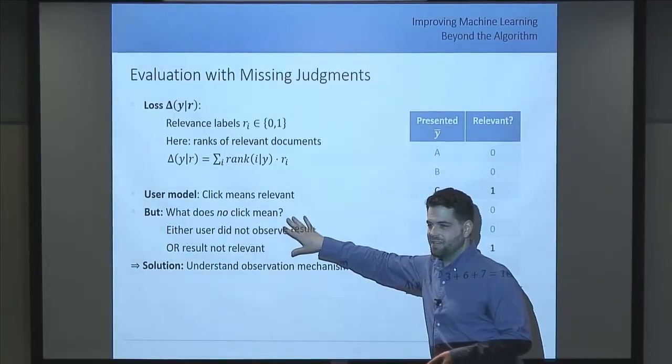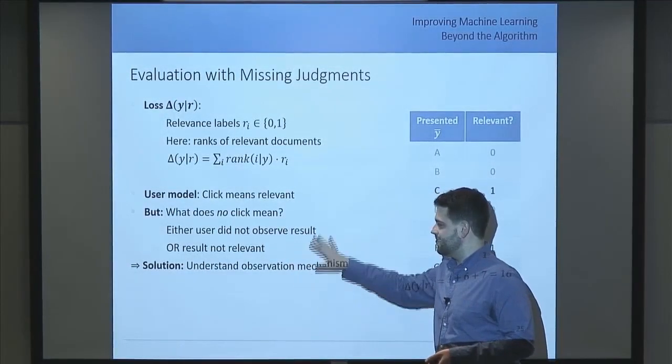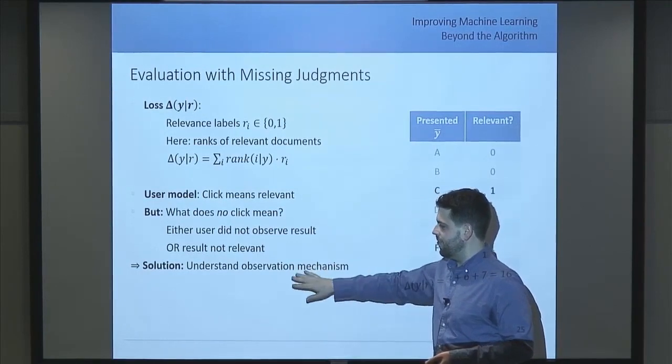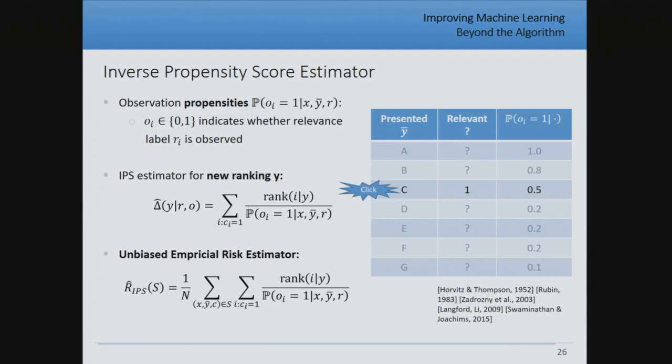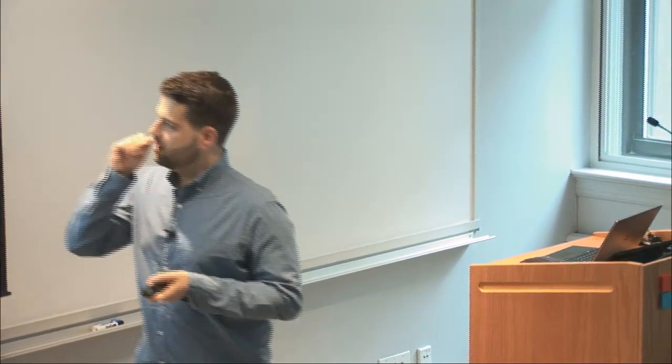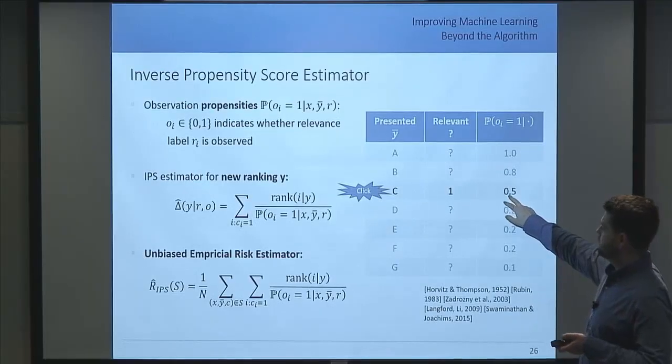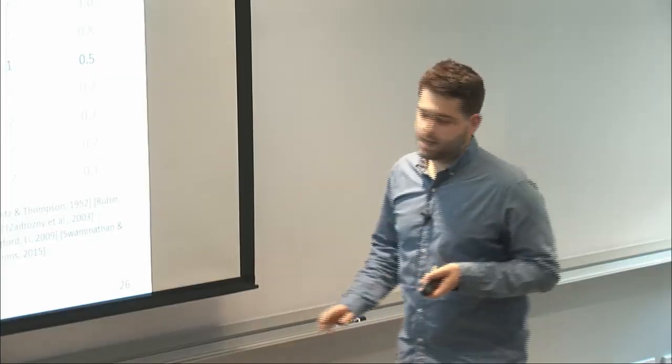It turns out that we don't need to think about this so much because it's all solved by, again, knowing the assignment and observation mechanism. And again, we need to estimate propensities that indicate how likely it is for a relevance label to be observed. So here, we would say that the probability of observing this relevance label is 0.5.